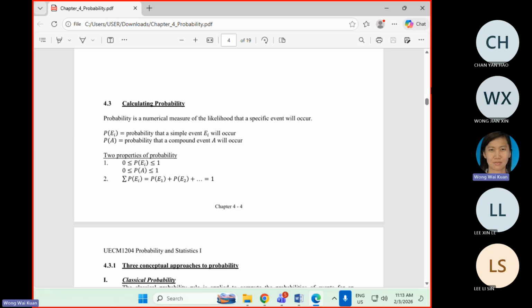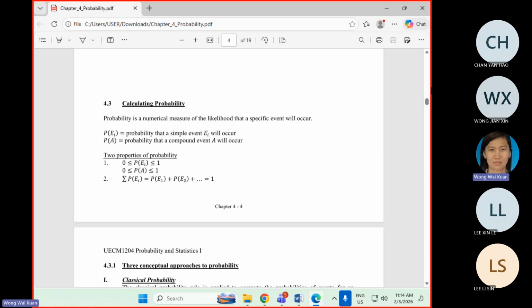So what is probability? Probability is a measure of the likelihood that a specific event will occur. How likely it will occur. Remember we have a simple event. What is the meaning of simple event?